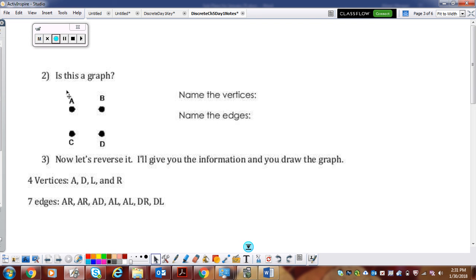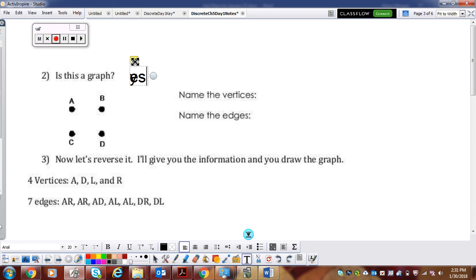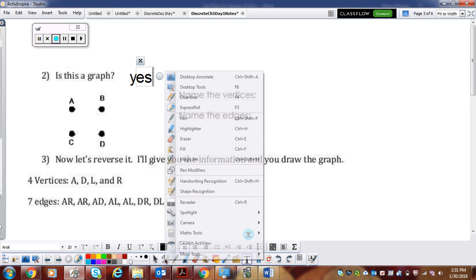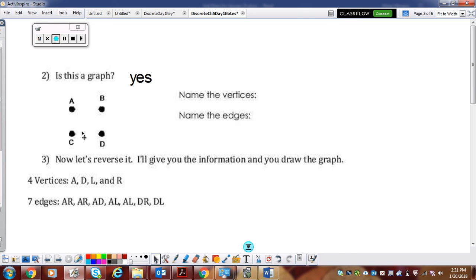Now, if you take a look at number 2, it says, is this a graph? And I'm going to tell you guys, yes, it is. It's a graph. Even though it doesn't have any edges, it still has vertices, and that's okay. Now we're going to learn later on that a graph just shows relationships. This basically just shows that there's no relationship between any of those dots.